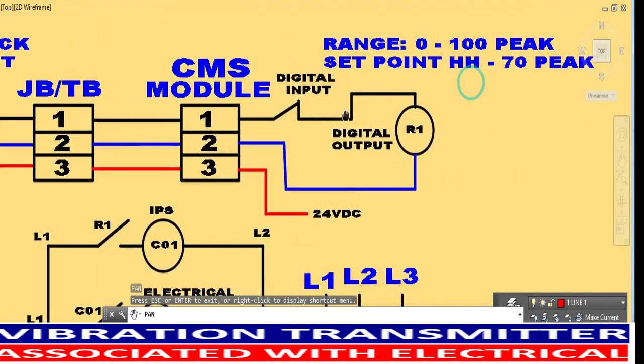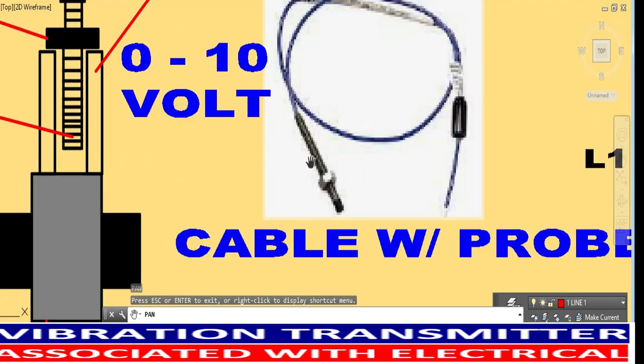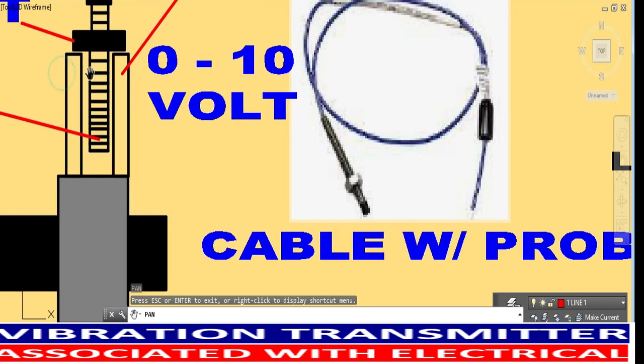The range of this vibration probe is 0 to 100 feet, and the high vibration set point is 70 feet. As for the adjustment of this probe, this is the lock nut. When you open this lock nut, you can push the probe down or lift it up by this casing.